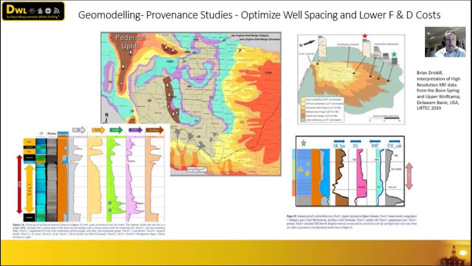chromium, and comparing that data to core photography and CT scanning on the core. What you can see is these typical turbidite fan fining up sequences.